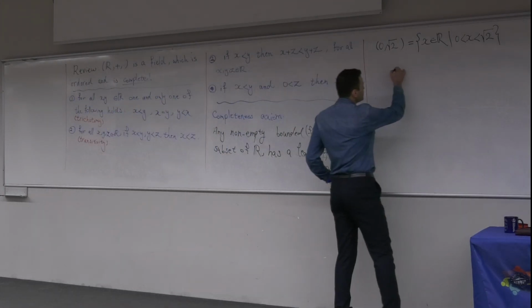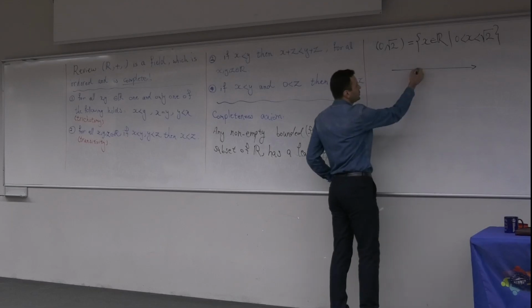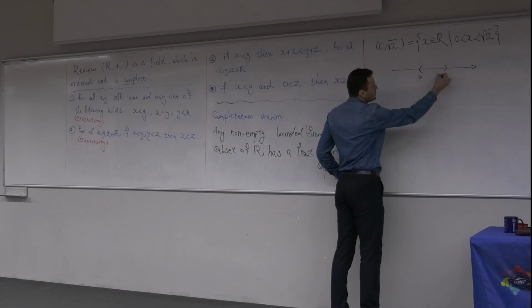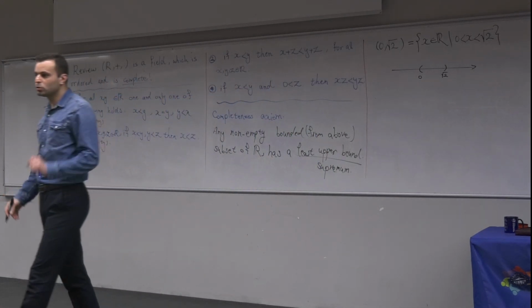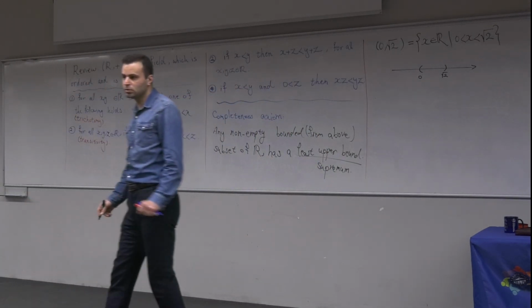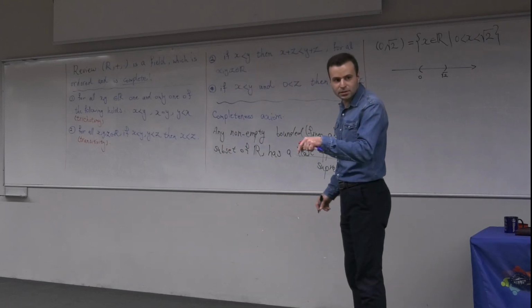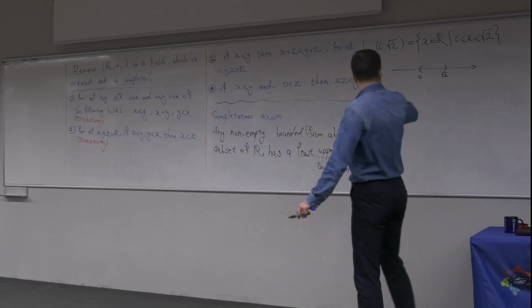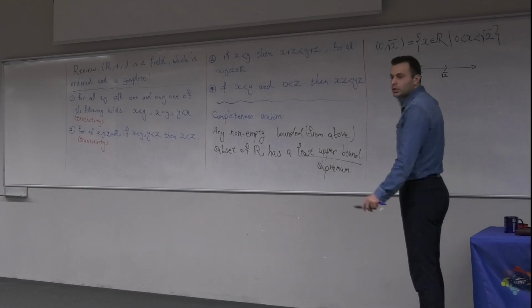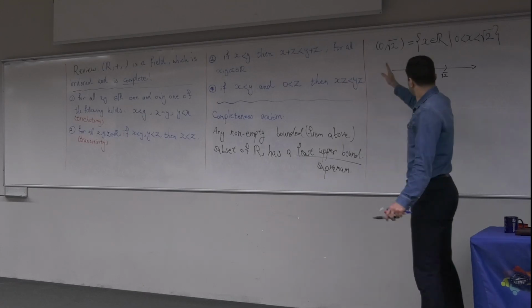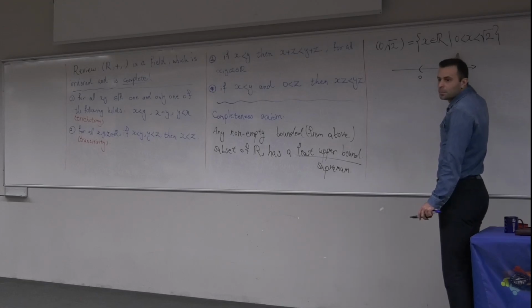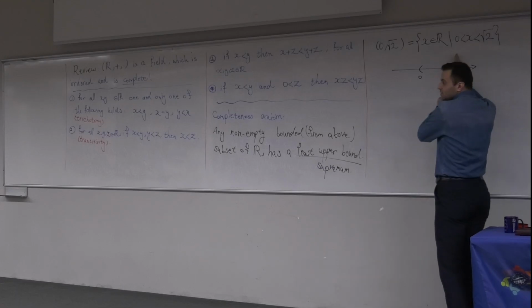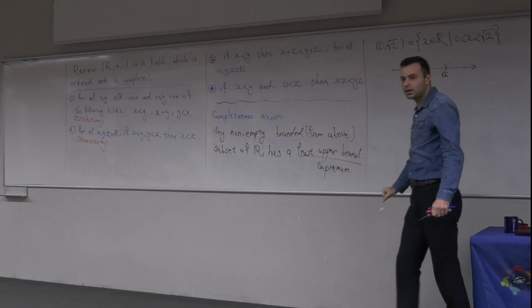What about any upper bounds for this set? If this is our set, can you please give me any upper bound for it? And what was the definition of upper bound? It is a number such that all the members of this set are less than or equal to it. Which means that on this line, can you pick something that blocks this set from above on the right? Which means that everything remains on the left of that number that you pick.